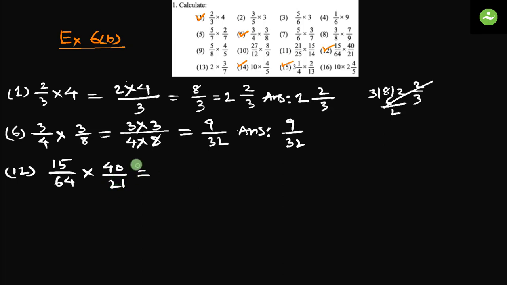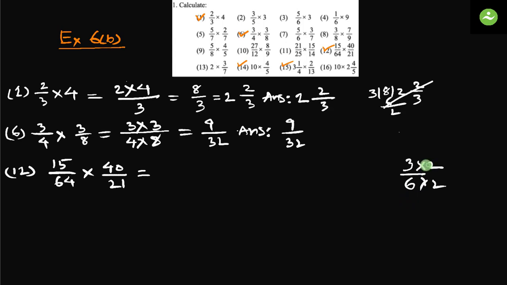Before we do the multiplication, we have to try to reduce it if possible. How do we reduce? Remember, for a fraction, for example 3 by 6, if we multiply it by the same number, it doesn't change.